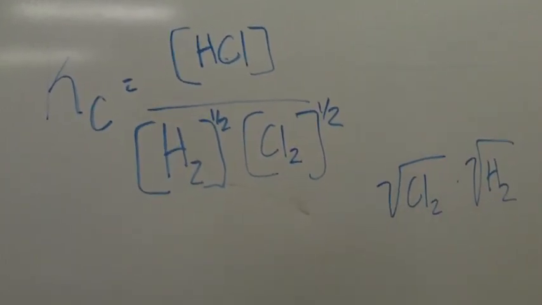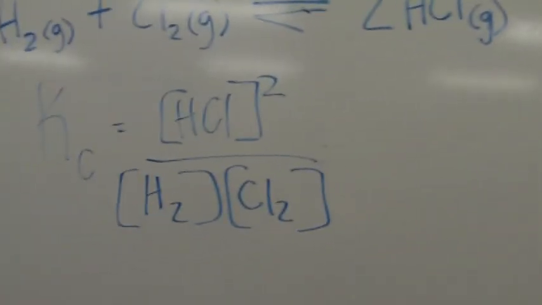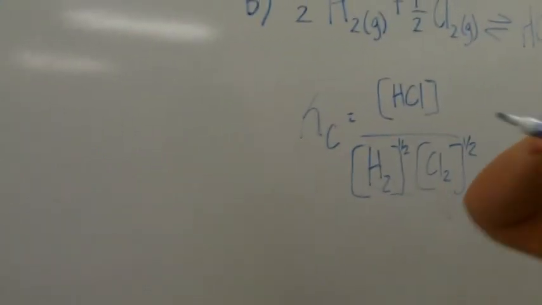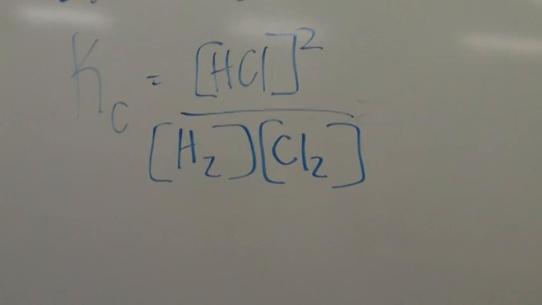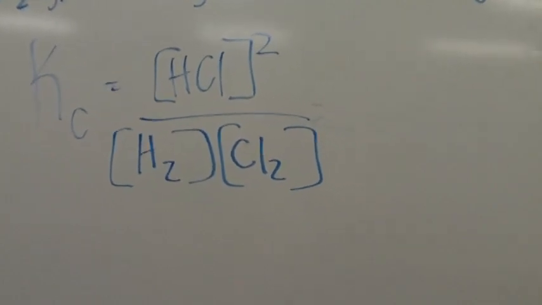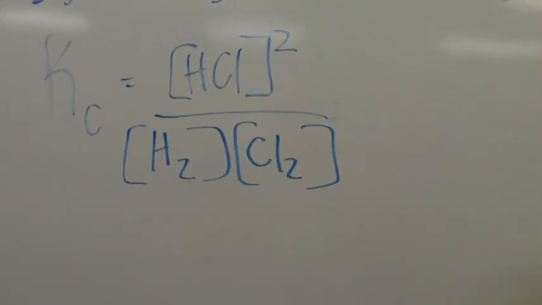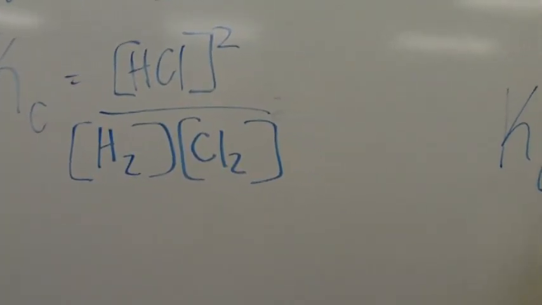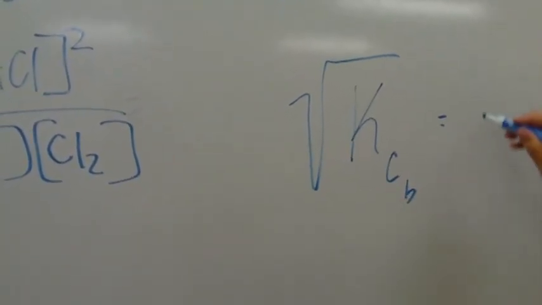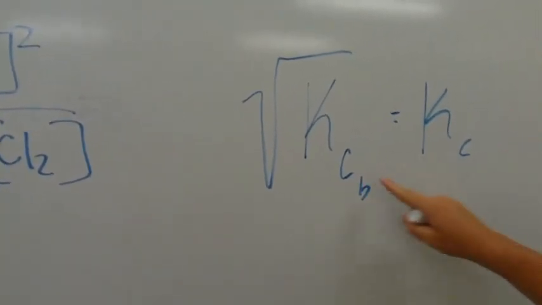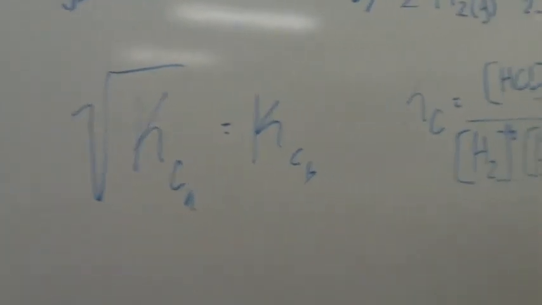And so, looking at these two, you can see that the Kc here is equal to the square root of Kc, just by simple multiplication. If you square everything here, all the exponents, you're going to end up with this. So Kc for B is the square root of Kc for A. So there you go.